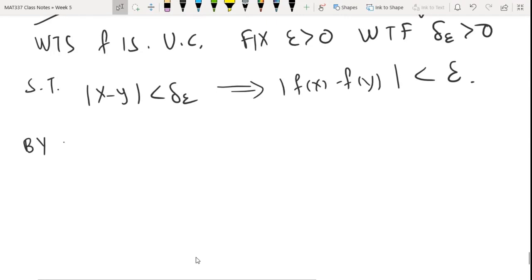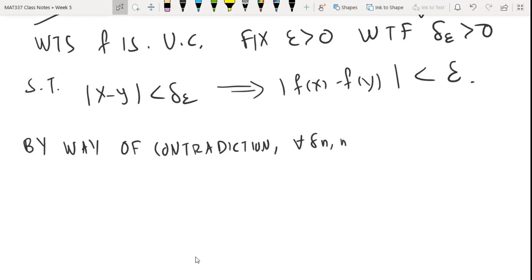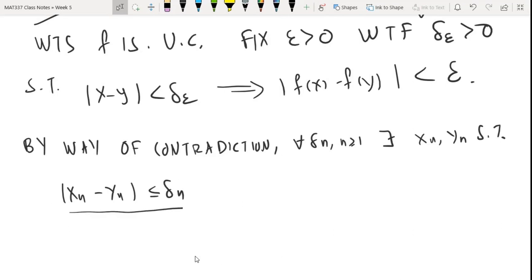As usual, we'll do it by contradiction. For every delta n, there exist x_n and y_n so that even though they're close, their images are not close.